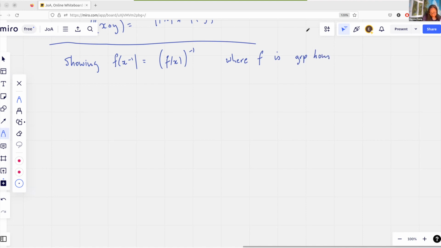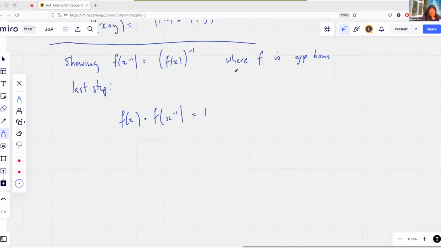And the last step said we got as far as f of x circled with f of x inverse equals the identity.